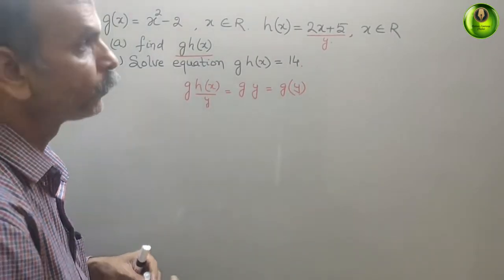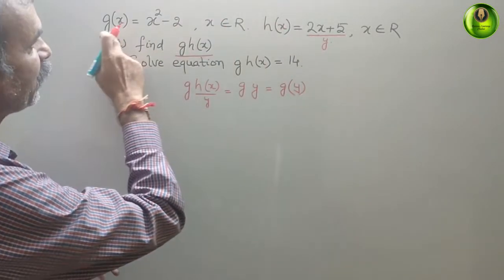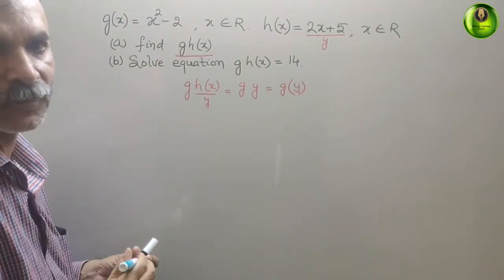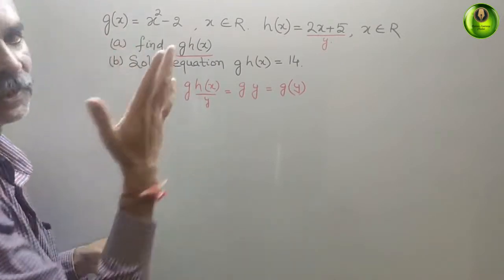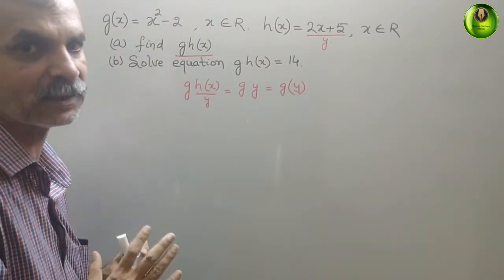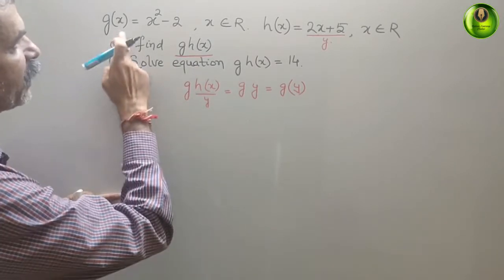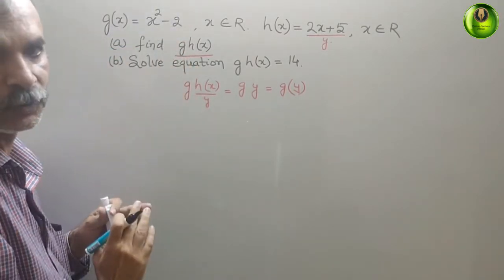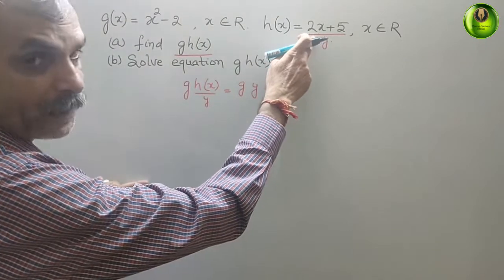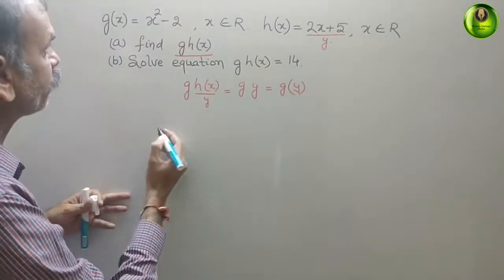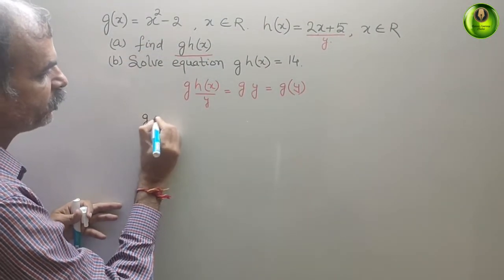This value you have to place in g(x). So now it will form g(y), not g(x). That means g(x) is x squared minus 2, and we have to replace this value here. So therefore we will get what?